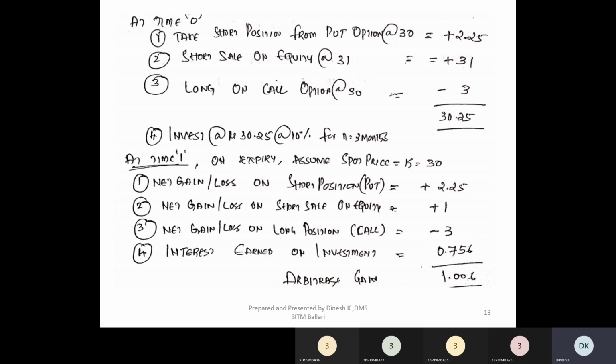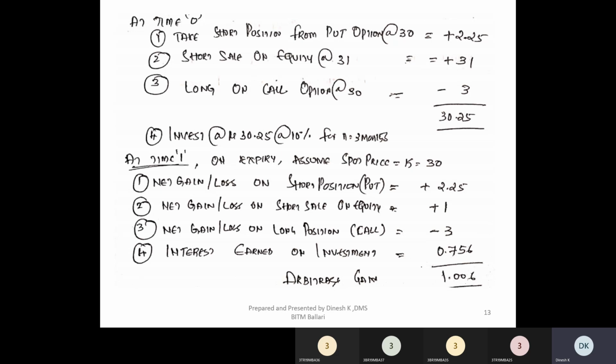The difference between the lesser price at which you buy and give back the share and the price at which you sold today would be the gain. If the price falls below 31, you will be making a profit on the short sale on equity. If the price goes up beyond 31, you'll be making a loss on your short sale on equity.